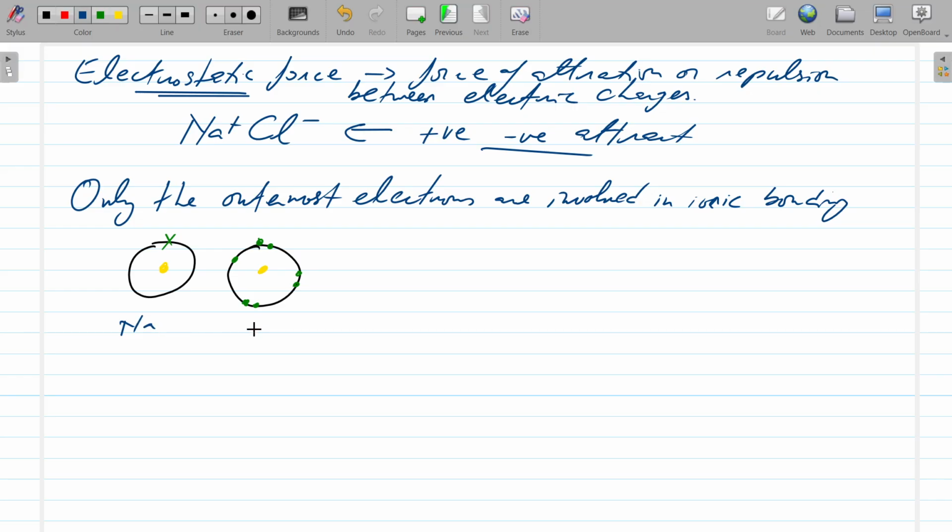So this is sodium, chlorine, and then you're going to show the transfer.